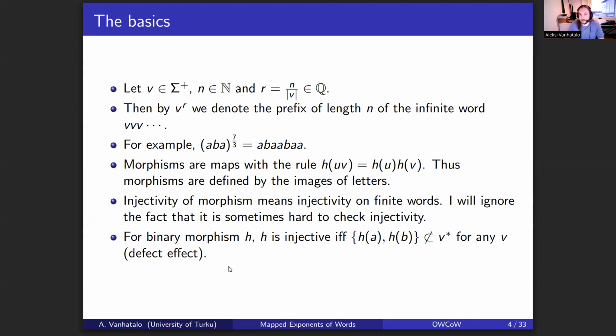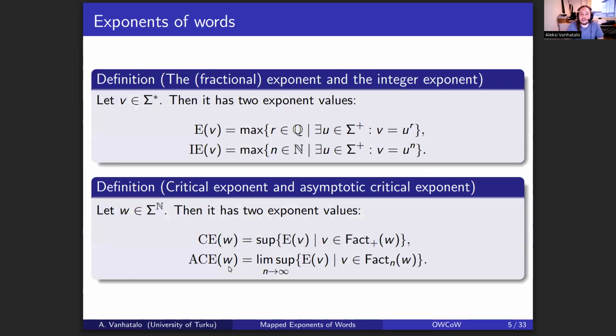All right, so this is the very basics, and more important definitions for the talk are these exponents. So they are the main thing in this talk. We have 2 exponents for finite words and 2 for infinite words.